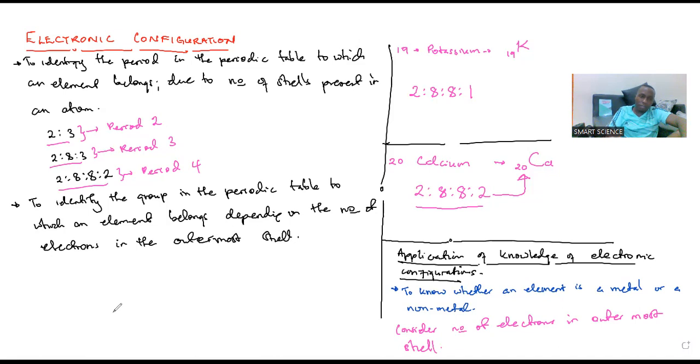For example, if I write the following electron configurations here, I'm going to be identifying the group to which each element belongs.